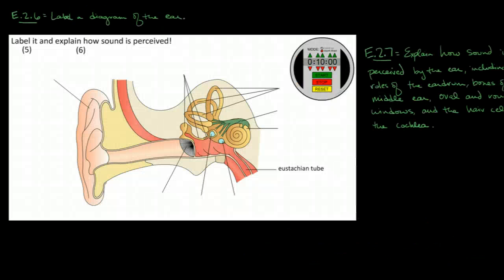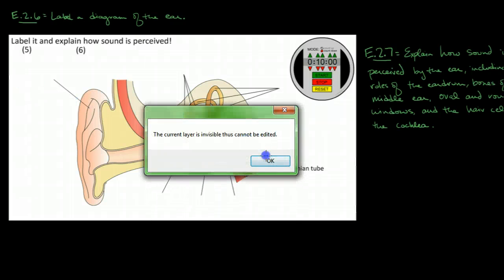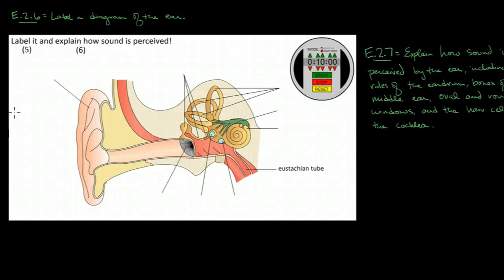All right, so very quickly we're going to do E.2.6 and E.2.7 because I realize that this podcast is quite lengthy. So this first part right here is the pinna, or the outer ear, that funnels sound into the ear.